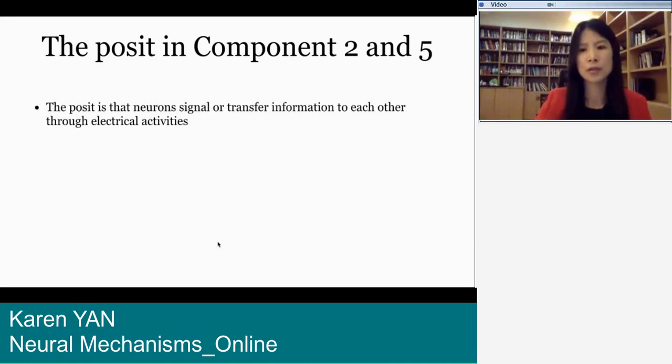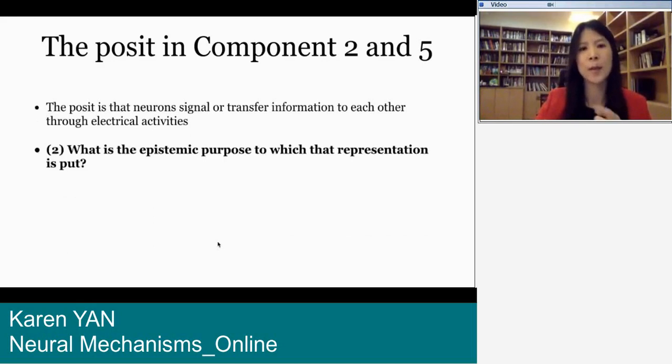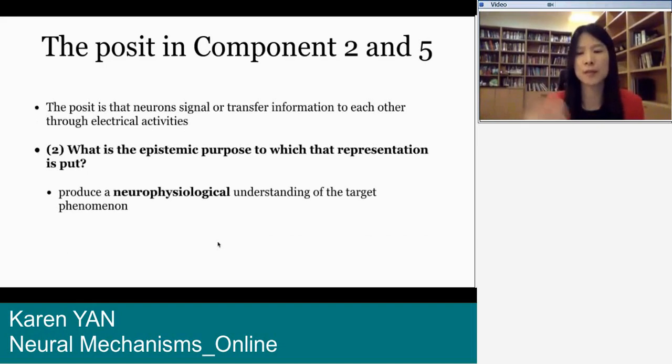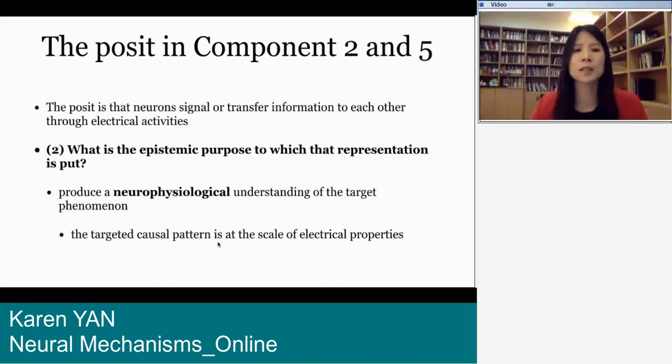So that's the role of abstraction, and that's the epistemic purpose to which that representation is put. As I mentioned before, it's for producing a neurophysiological understanding of target phenomena, which means the targeted causal pattern is at the scale of electrical properties, not chemical or genetic properties, but electrical properties.